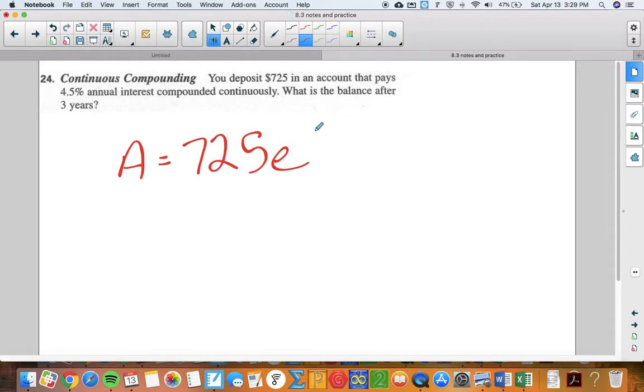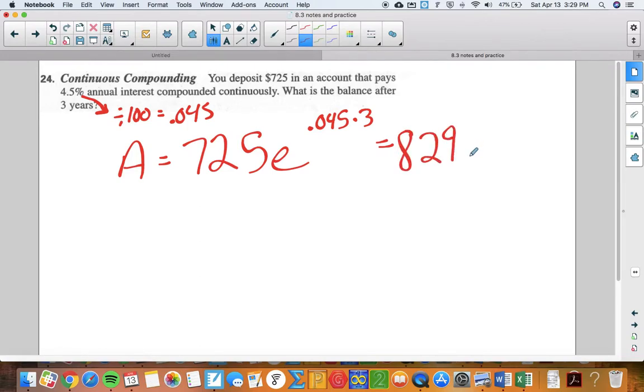Our interest rate needs to be converted to a decimal. So divide by 100, you get 0.45. So e to the 0.45, just kidding, 0.045. So it'll be e to the 0.045 times 3. When you do that, you should get $829.79. Boom.